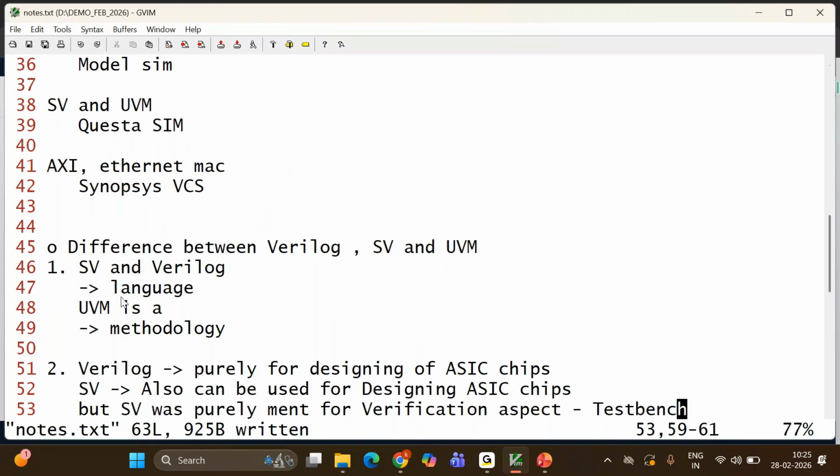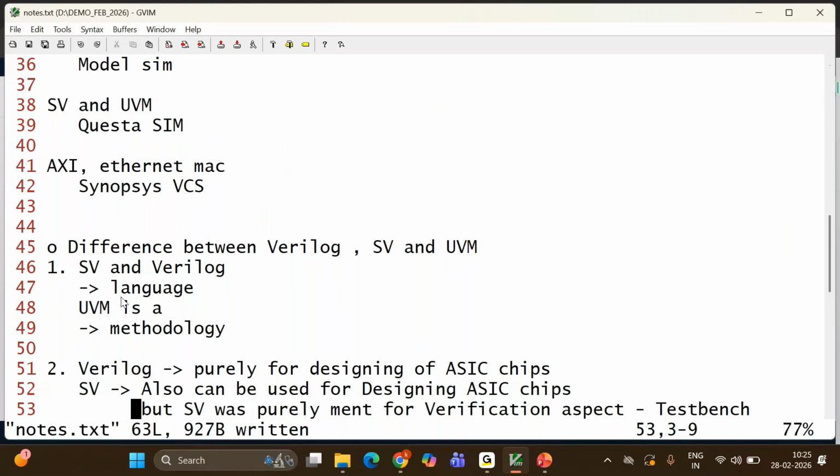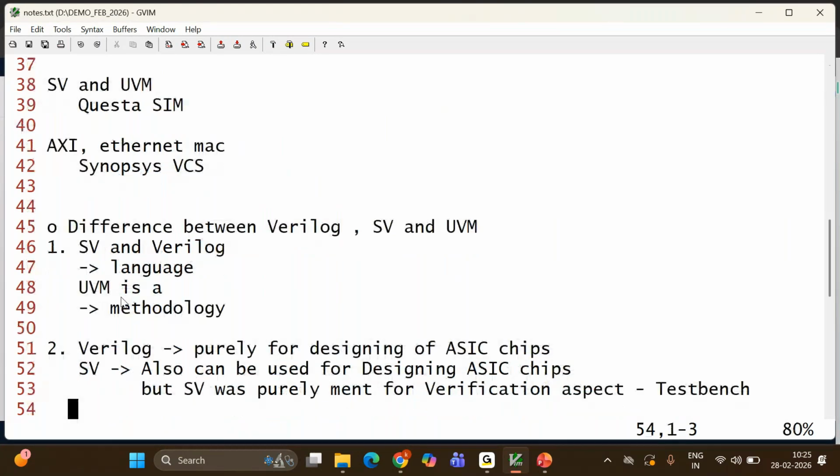How are we going to test it? By generating the inputs and monitoring the outputs. Is it clear? So, but some aspects of SystemVerilog also allow for designing purposes as well. Okay, some features of SV can be used for designing as well. That's what I'm trying to tell.